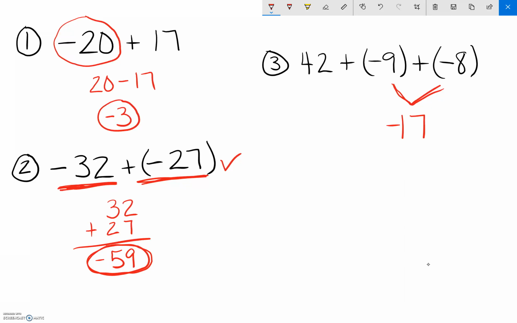Both are negative. Then I'm going to bring down what I didn't use yet, so it'll be 42 plus negative 17. So now it's like number 1, it's addition with different signs. So we're going to circle the greatest absolute value and subtract. 42 minus 17.